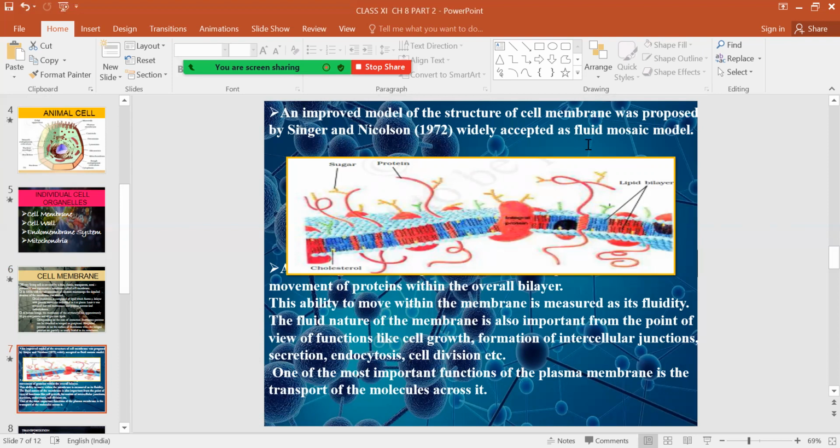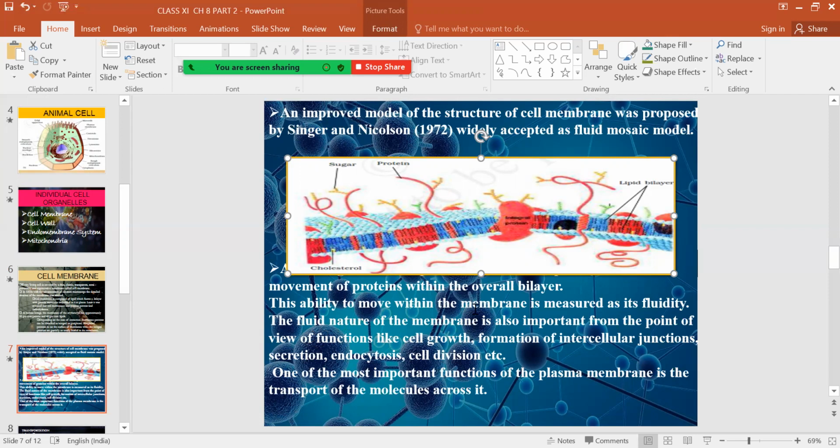This improved model of the structure of the cell membrane was proposed by Singer and Nicolson in 1972. And it was widely accepted as the fluid mosaic model. Now, why was it known as a fluid mosaic membrane?